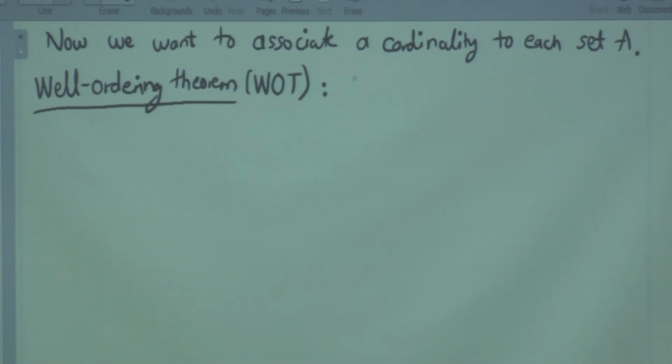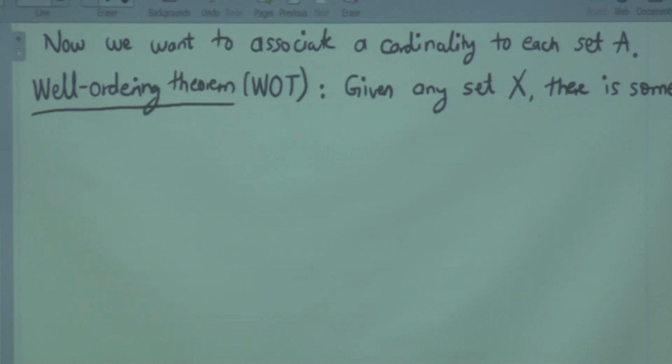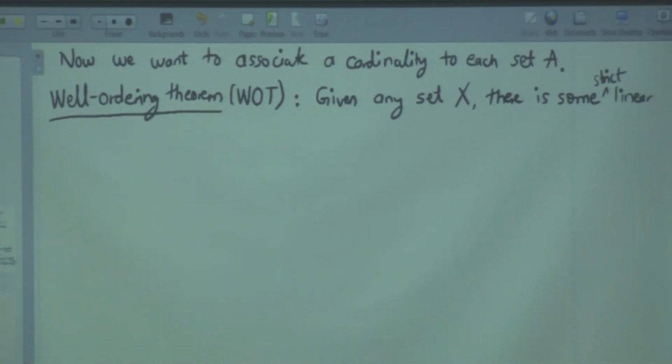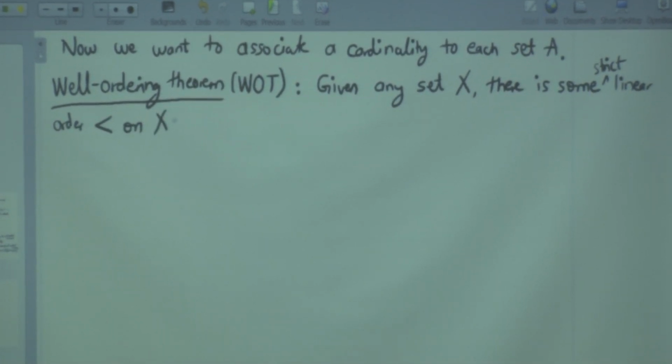So, it says that given any set X, there is some strict linear order less than on X. What is the meaning of this? What is a strict linear order? Not belongs to.